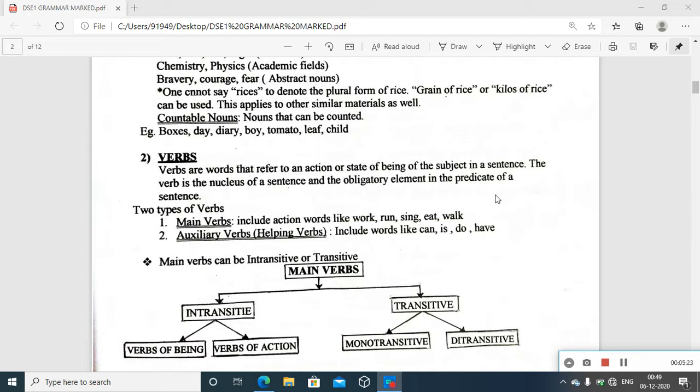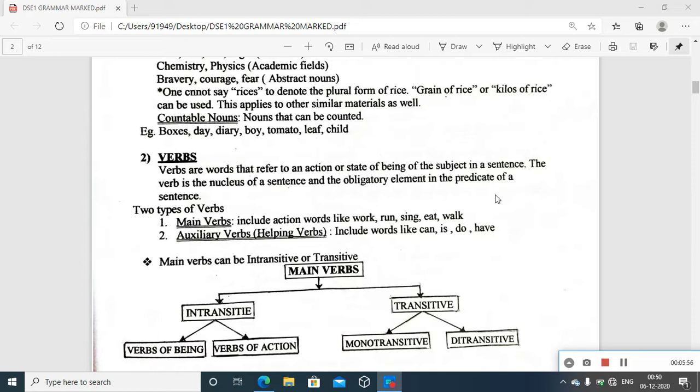Main verbs, the major division goes like intransitive and transitive. Just to understand this, it's about whether the main verb takes an object or not. That is the basic idea. If you begin by trying to grasp the definitions, these parts will look very typical.